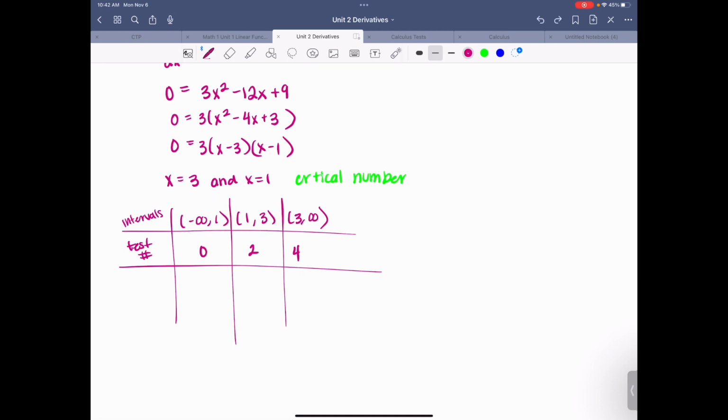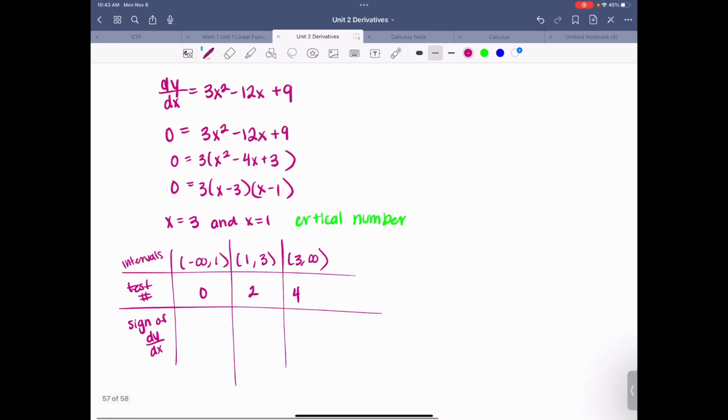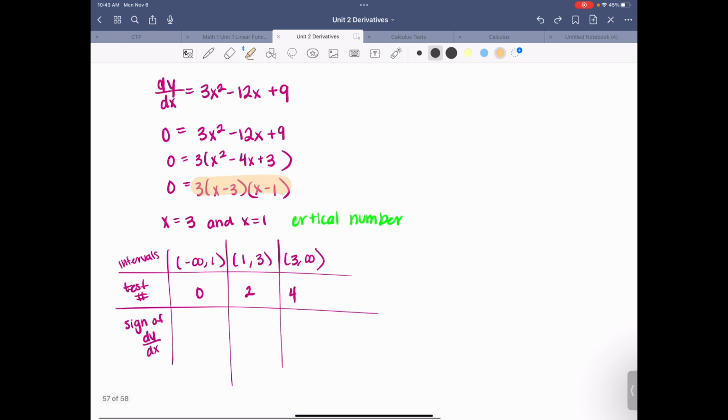Now I can take each of those test numbers, and I'm looking for the sign of my first derivative. If I take 0 and plug it into my first derivative, I could use 3x squared minus 12x plus 9, but it's actually going to be easier math if I look at the factored form of the derivative, which is 3 times x minus 3 times x minus 1.